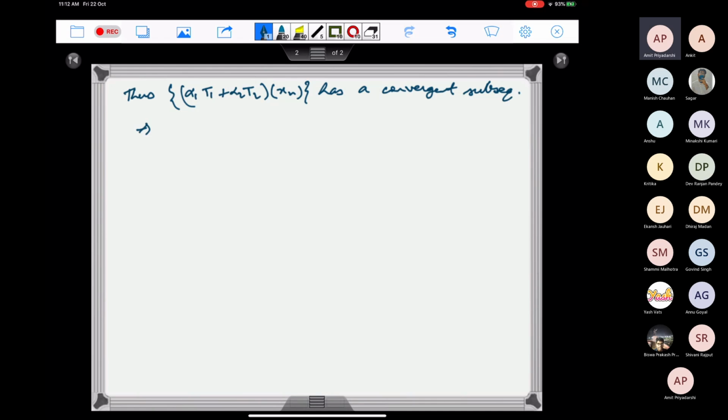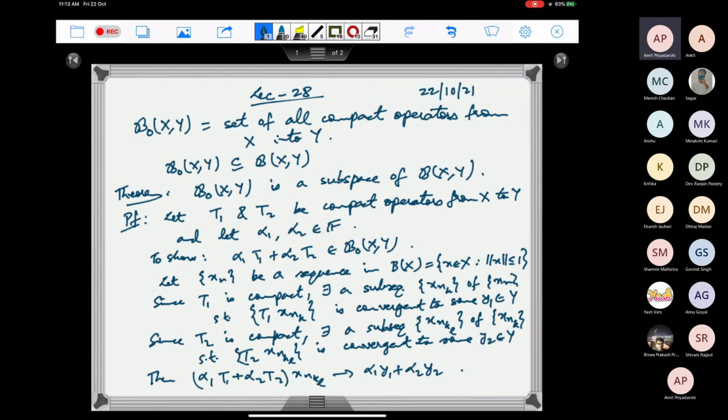This implies that this is compact. So it is easy to see that this is a subspace.